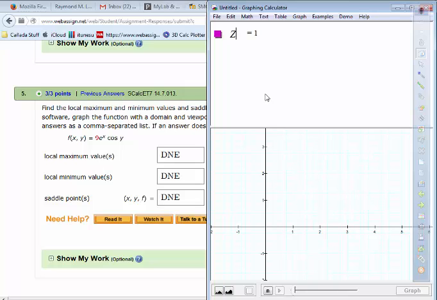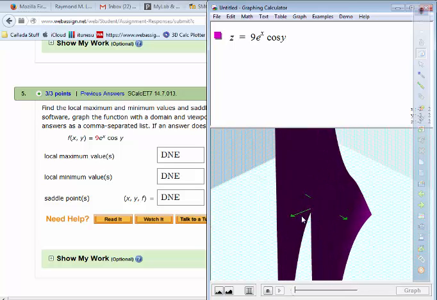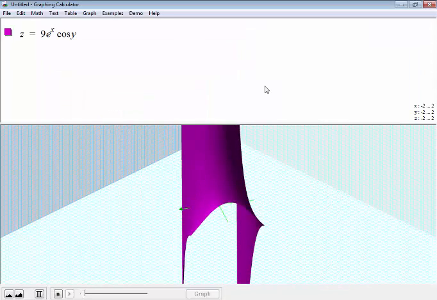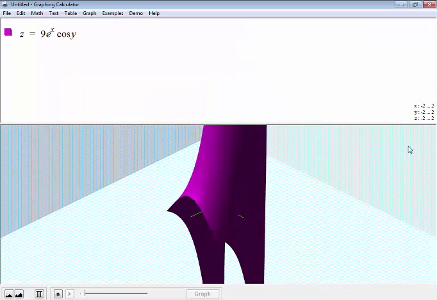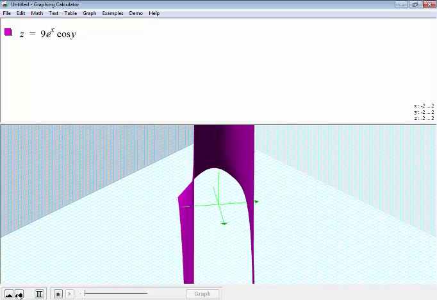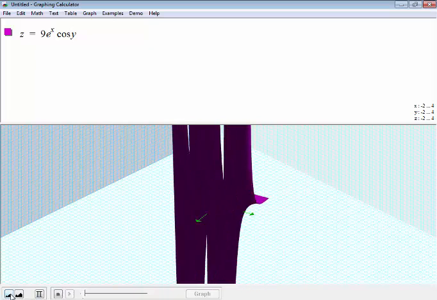So f of xy is going to be represented by our z, is equal to 9 e to the x times cosine of y. And this is a view that's going from -2 to 2 in the x, y, and the z, so I probably want to zoom out a little bit, see if I can find anything.